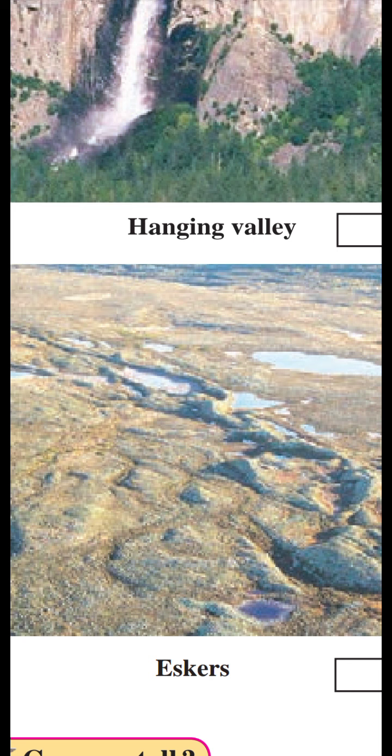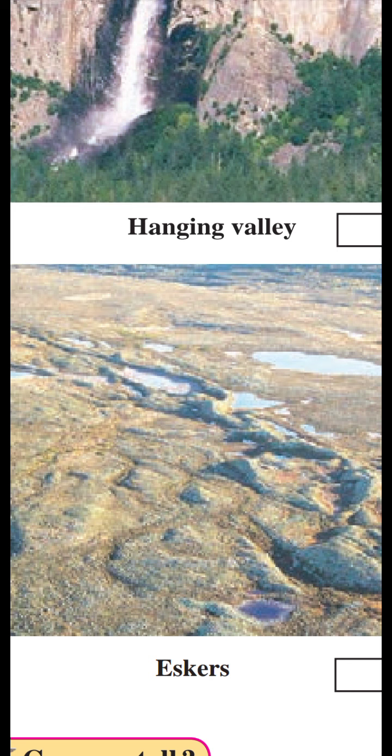See, there is water flowing there, and that part is called an esker. Snow accumulates there, and some ridges, some hills, are created there. That ridge is formed in the esker. It is the esker.